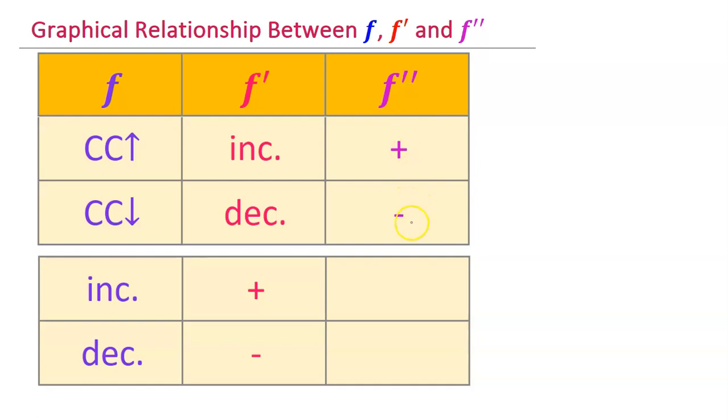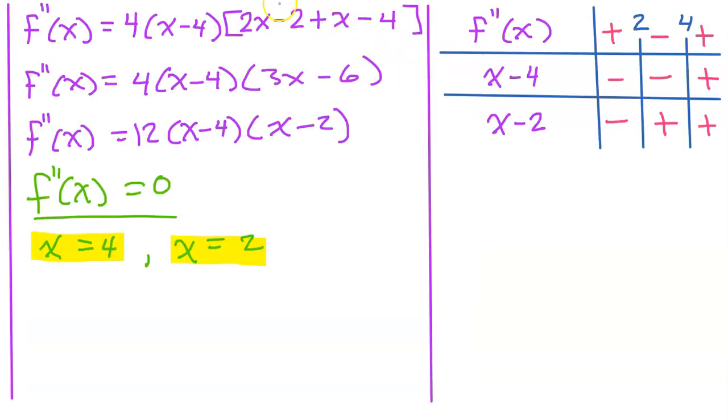If f double prime is negative, f is concave down. That means the original function should be concave up in this interval from negative infinity to 2, and it should be concave up in this interval from 4 to infinity. F should be concave down in this interval from 2 to 4.